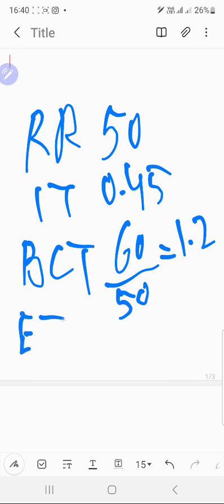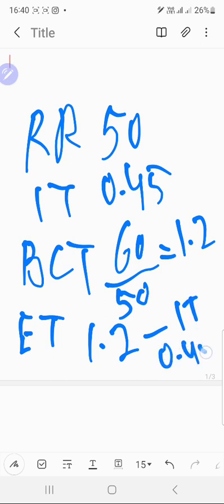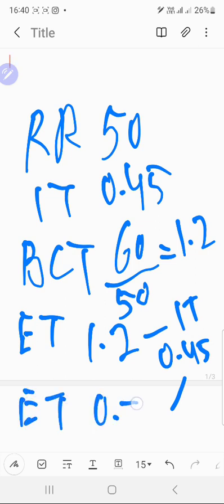In that scenario, you can calculate the expiratory time as total breath cycle time minus your I time, which was 0.45. So basically you have an expiratory time of 0.75 at that time.